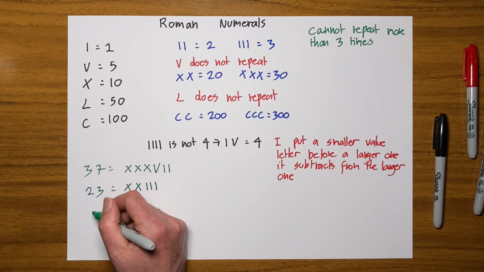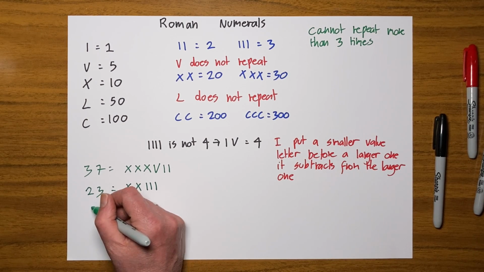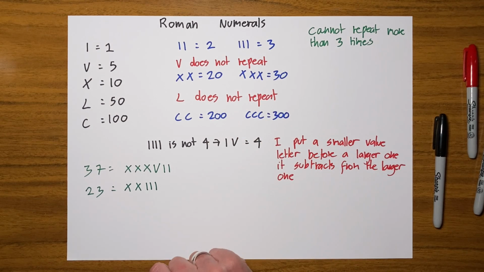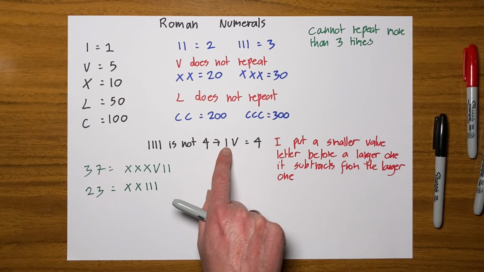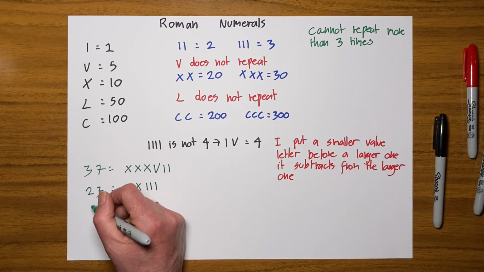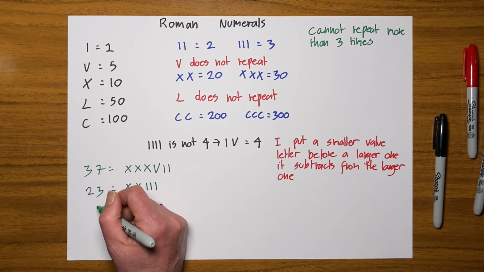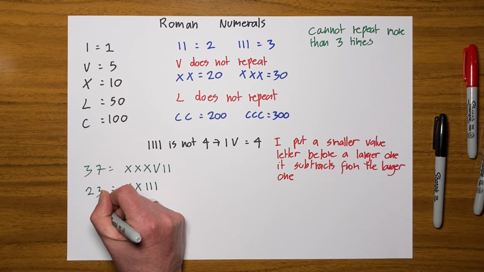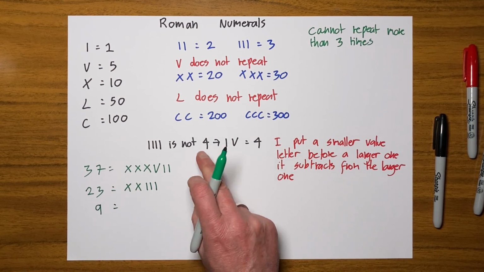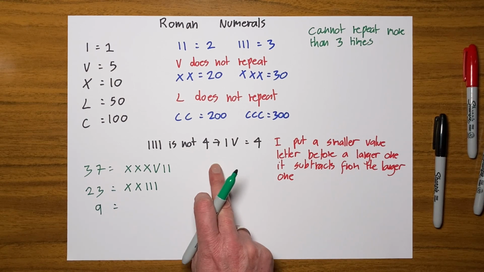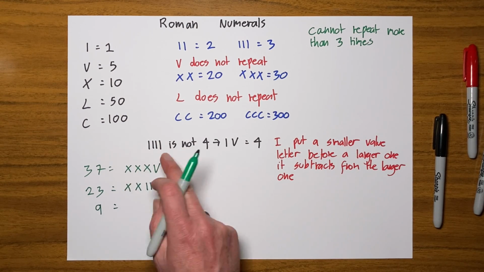Let's look at something like this though. I'd shown you here that the way to do 4, because I can't repeat 4 times, is 1 less than 5. So look how I would do 9, for example. I can't do V for 5 and then carry it with 4 ones because I can't repeat 4.